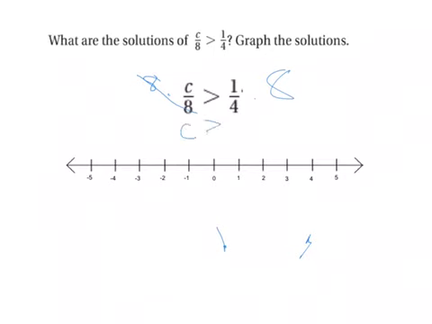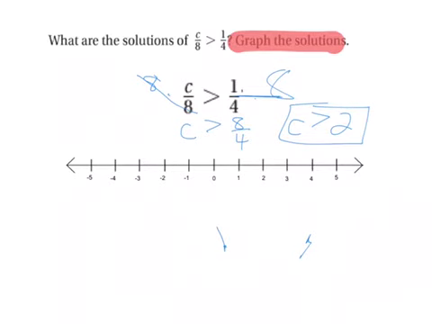So I get c is greater than 1 times 8, I'm doing the numerators, is 8 over 4. So it's going to be c is greater than 2. 8 over 4 is 2. I do also need to graph these solutions. So now on my number line where I see the number 2, I'm going to do an open circle, and I'm going to move to the right, since that's the direction of the arrow of my inequality sign.